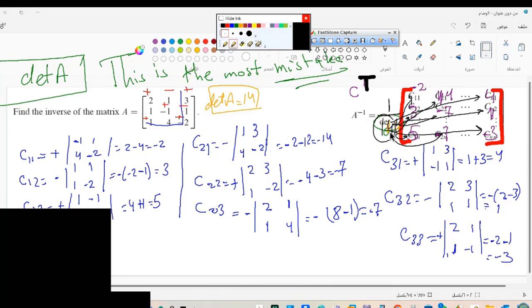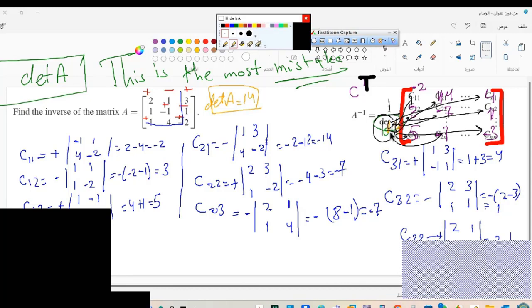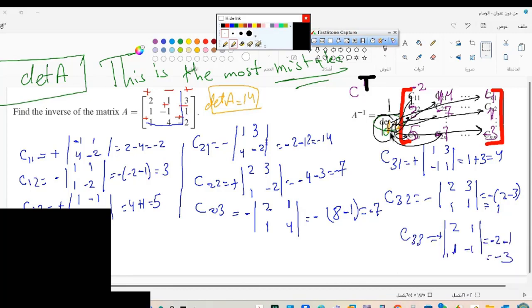See the problem? You spent many minutes finding all the cofactors, and after that the determinant is 0. For that reason, excuse me, in the exam, start with the determinant. If the determinant is 0, don't go on. Stop, write no answer. Is this trick clear? Don't start to calculate C11, C12, C13 directly. First of all, remember my speech.